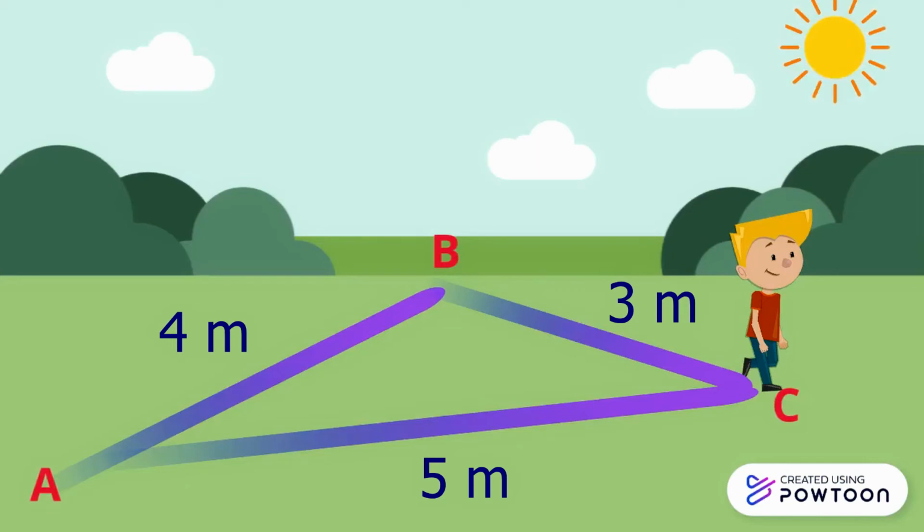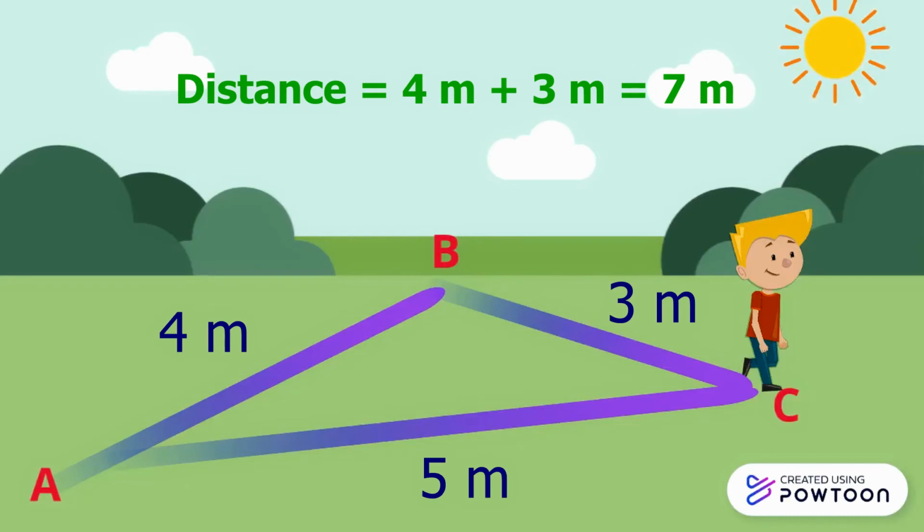From point A to B, 4 meters. Meanwhile from point B to C, 3 meters. So the actual path covered is 4 plus 3, 7 meters. So we can conclude that the distance is 7 meters.